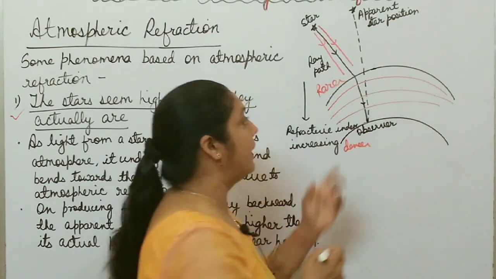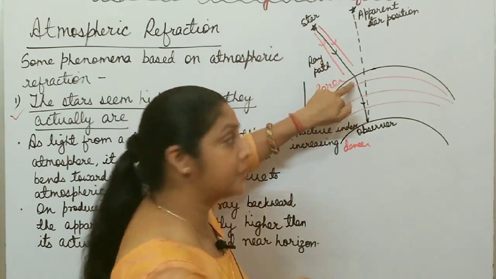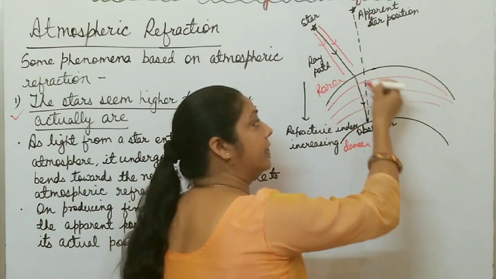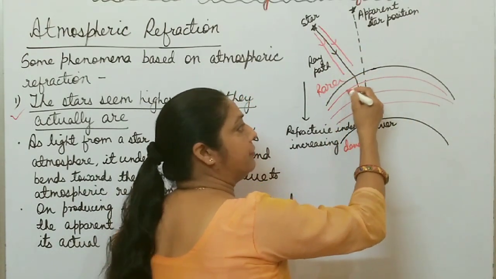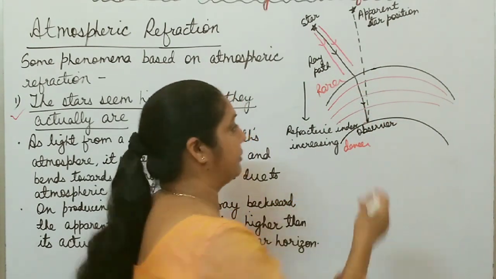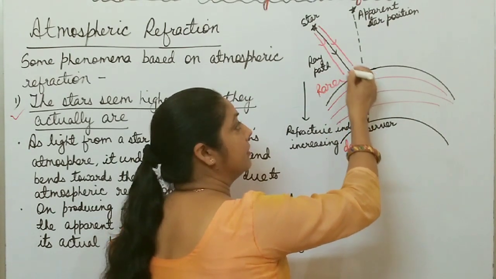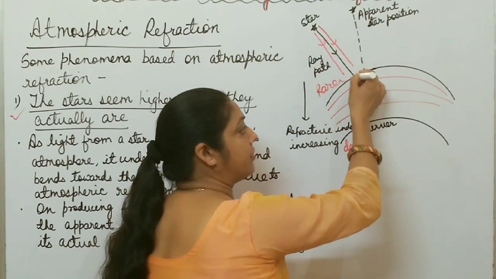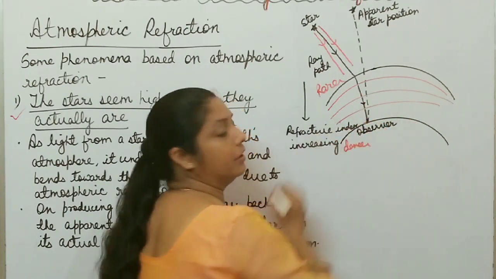So when light rays from the star enter the Earth's atmosphere, instead of going straight, they bend towards the normal, and at different layers the bending is different. It suffers multiple refraction inside the Earth's atmosphere, and instead of moving straight and reaching this point, it reaches this point on the Earth.